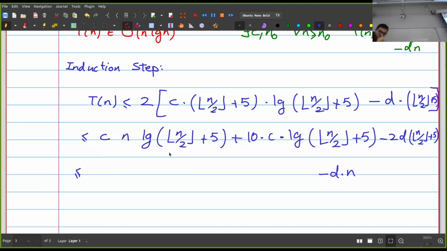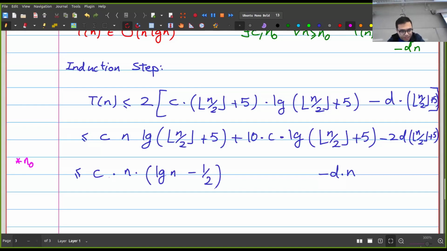So I can say it's definitely less than log of n minus a half, if I choose my n to be large enough, and remember, I get to choose my n0. So I can say that this is less than or equal to C times n times log of n minus a half. Now we have to remember that this affects n0.